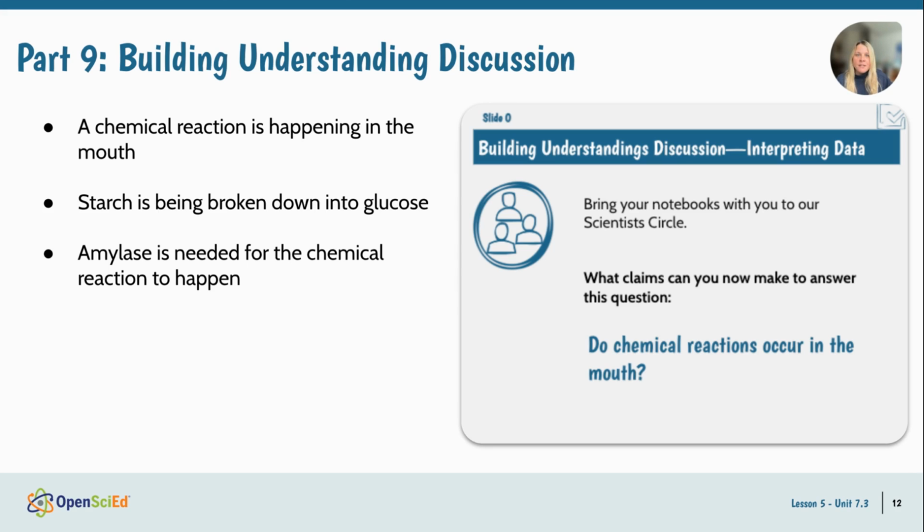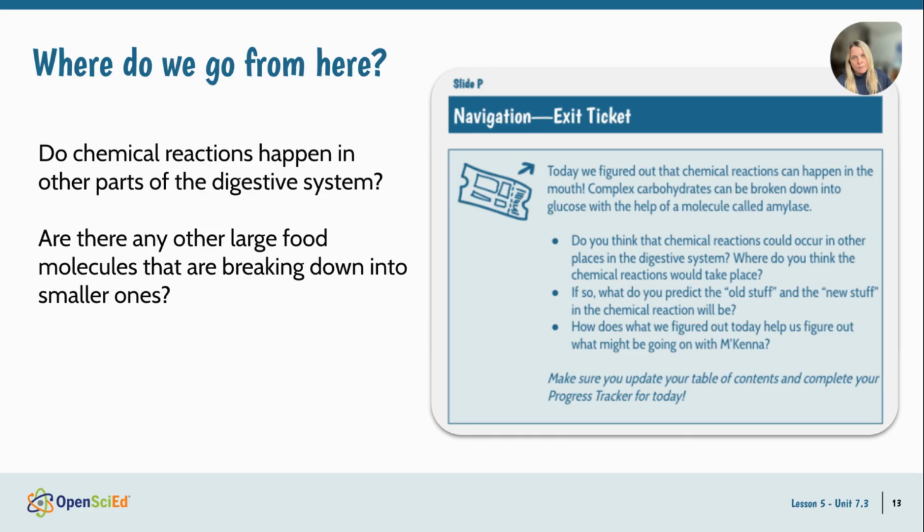Their evidence for this is that we didn't have that positive Benedict's test for sugar in the samples without amylase, but we did have a positive Benedict's test for glucose in the samples with the amylase. Those original samples had no glucose in it to begin with. The students now know that the amylase is what is needed for the chemical reaction to start in the mouth and turn the starch into glucose.